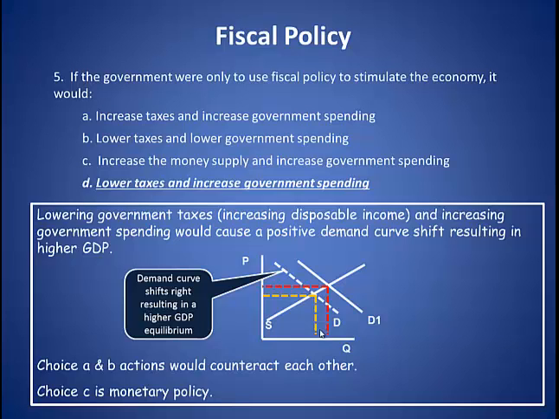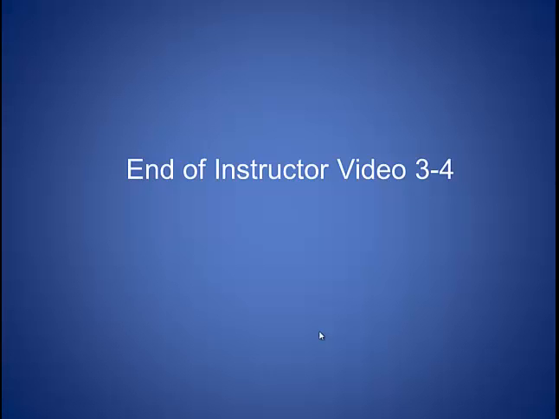And again, remember, what we're saying is the government were to only use fiscal policies to stimulate the economy. Okay, and then choice C talks about increasing the money supply, and that is monetary policy, not fiscal policy. And with that, that's the end of this instructor video on monetary and fiscal policy.